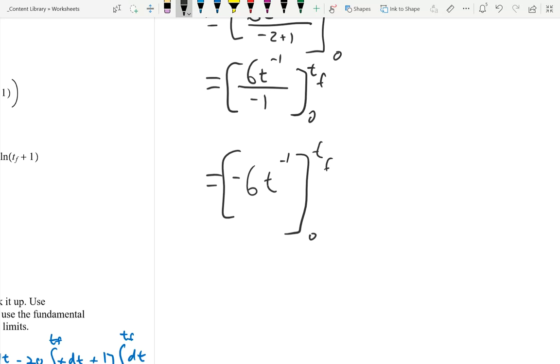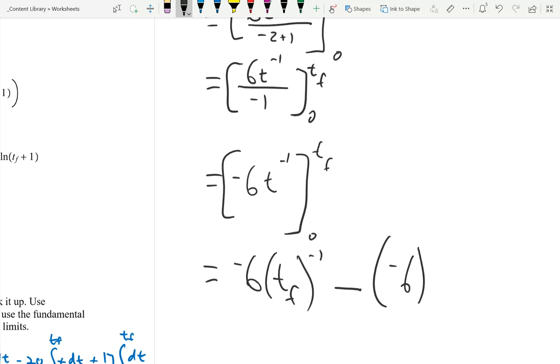Before we move the t back down to the bottom, let's put in the limits. So we've got negative 6 t final to the negative 1 minus negative 6, 0 to the negative 1.